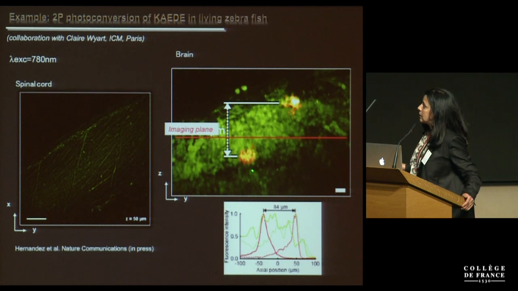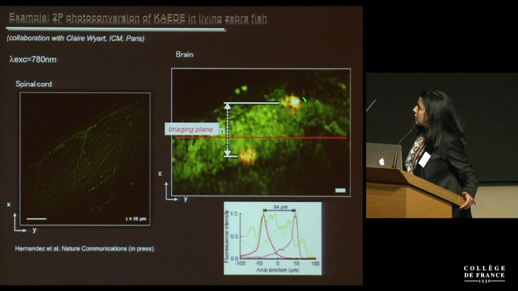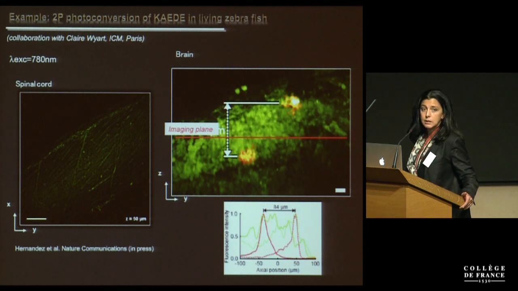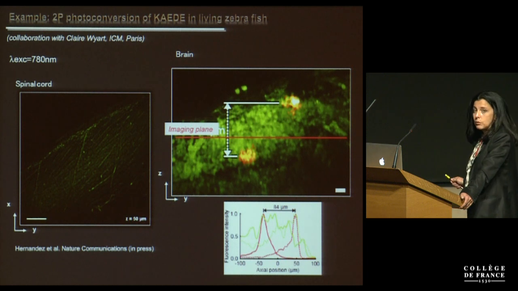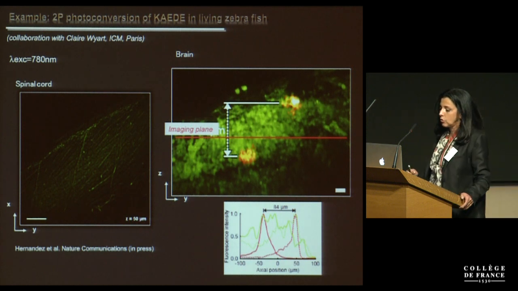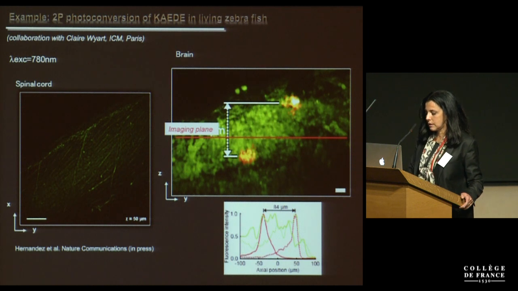And why this is interesting, because you can think, for example, to photostimulate a certain cell population somewhere here and look at the effect of this stimulation in a plane which is no matter where in the axial position.